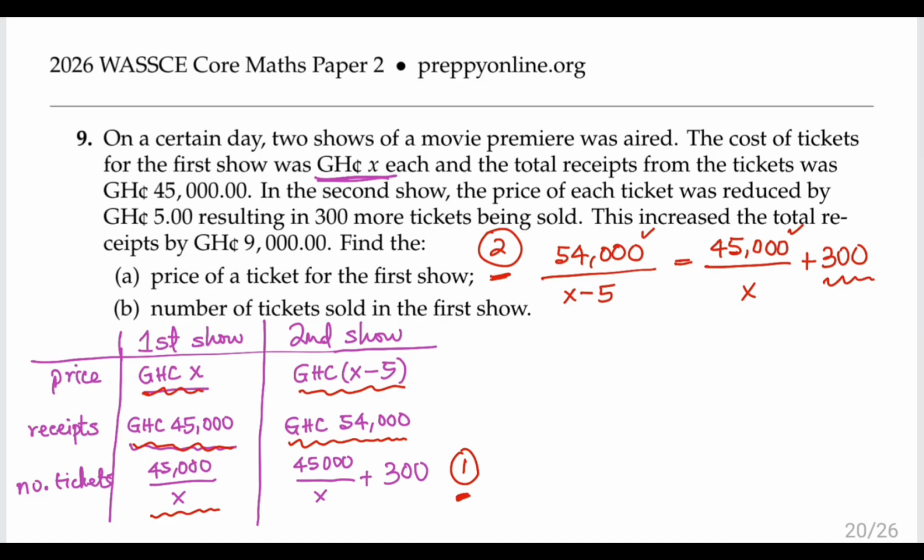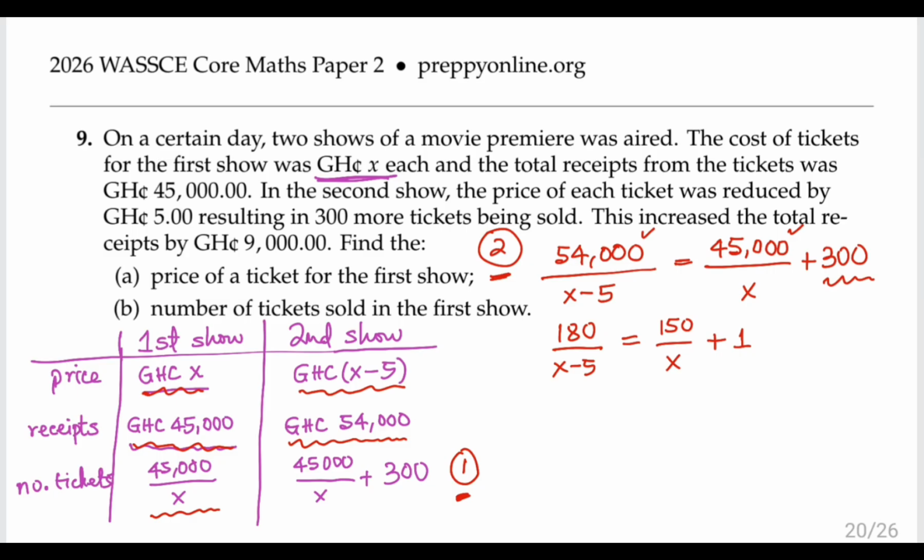When we do that, what do we get? Over here, we get 180 over x minus 5. And then over here, we get 150 over x. And over here, we get 1. All right.